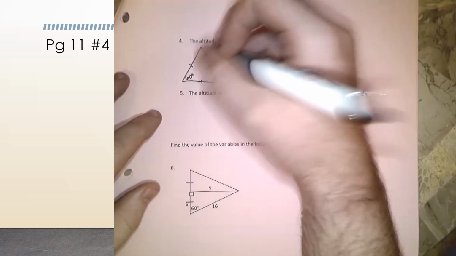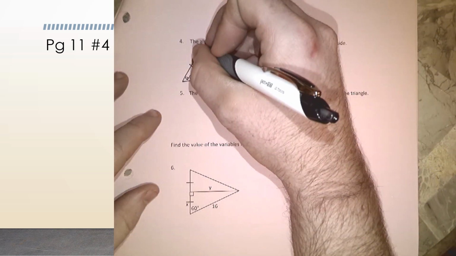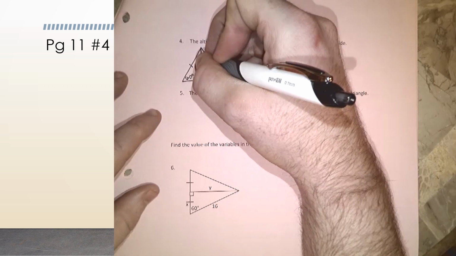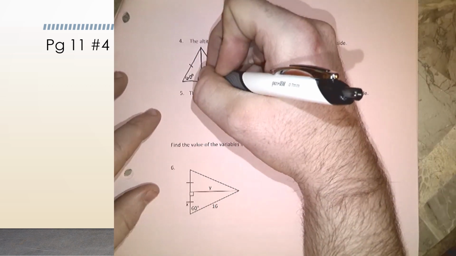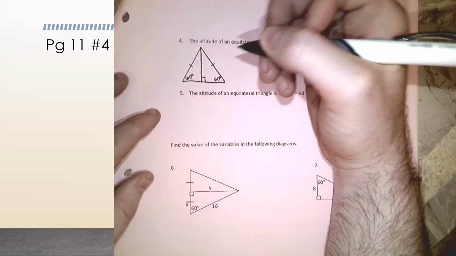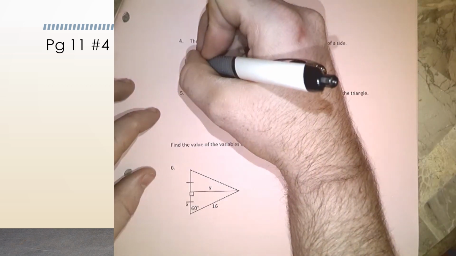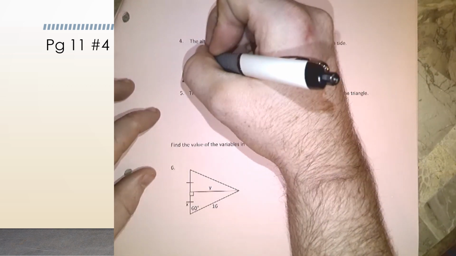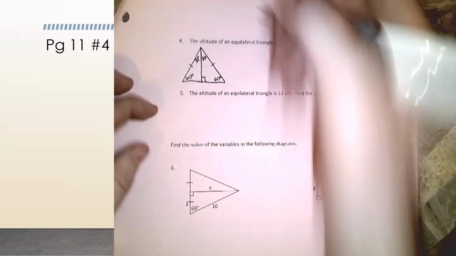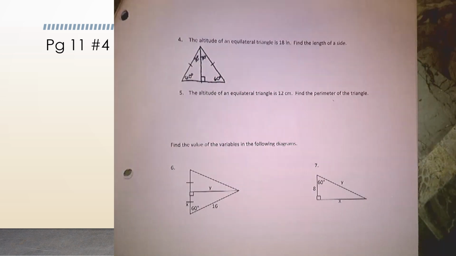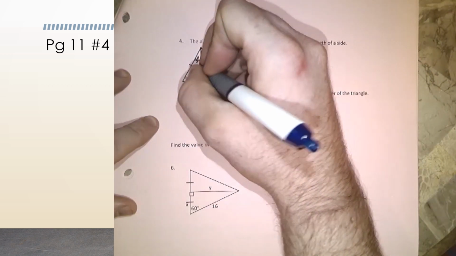Now, because I'm drawing an altitude, it's going to start at a vertex, go across, and make a 90-degree angle, that's going to make it so this angle gets cut in half. Now, they told us that the altitude, this line that we just created on the inside that has a right angle, is going to be 18 inches.